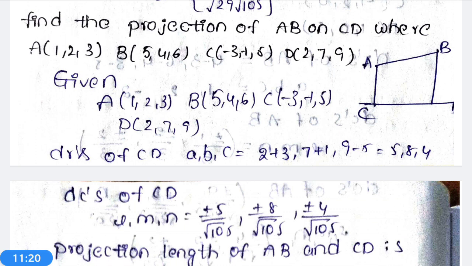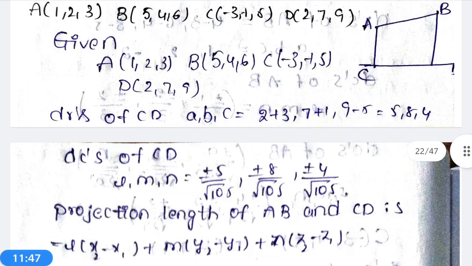Projection of the line joining A (x1, y1, z1) and B (x2, y2, z2) on another line CD whose DCs are L, M, N. That means we compute DRs of CD and then DCs of CD. Then compute the projection. So what are A, B, C, D? A 1, 2, 3, B 5, 4, 6, C minus 3, minus 1, 5, D 2, 7, 9.